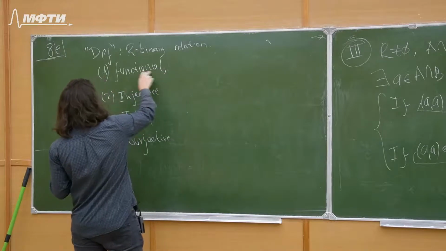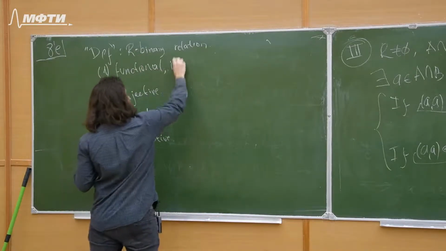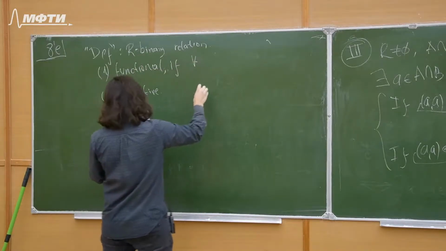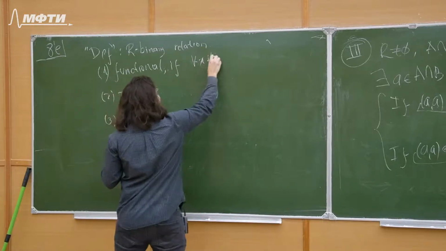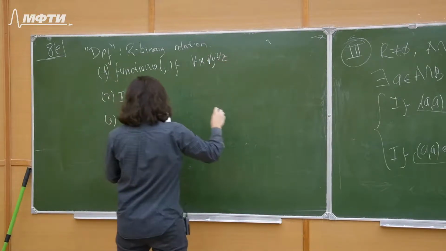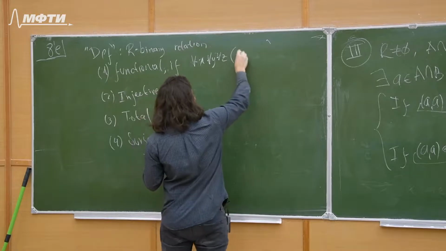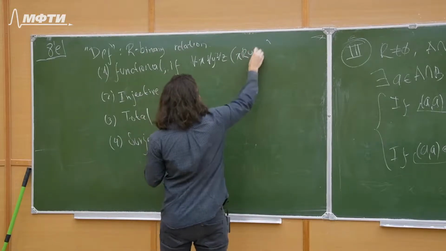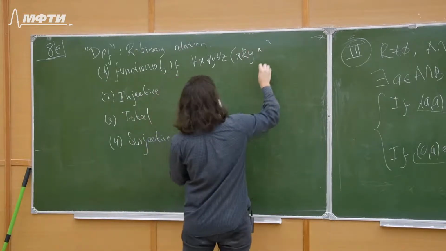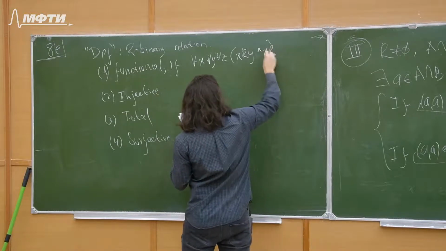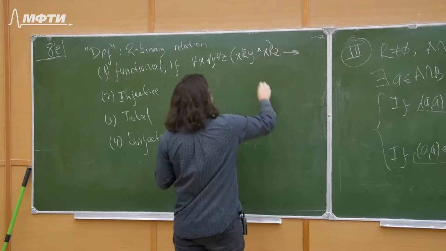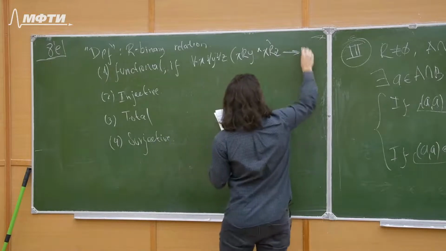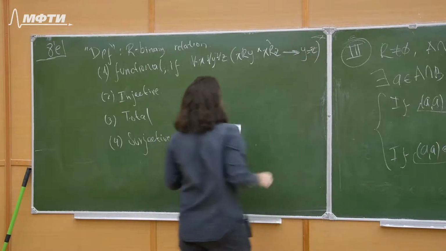And the definition is the following. R is functional if for all x, for all y, and for all z, if we have x R y and x R z, this means that y is equal to z, right?